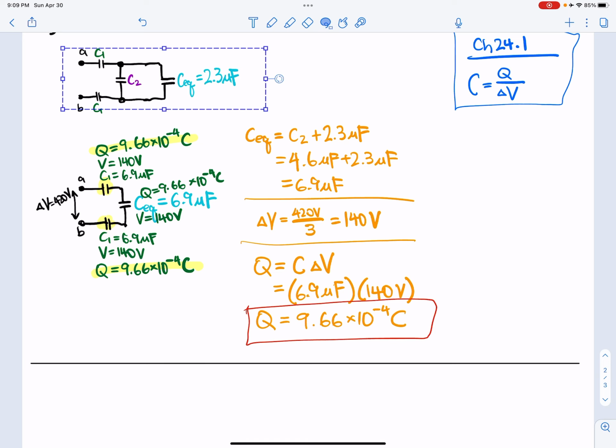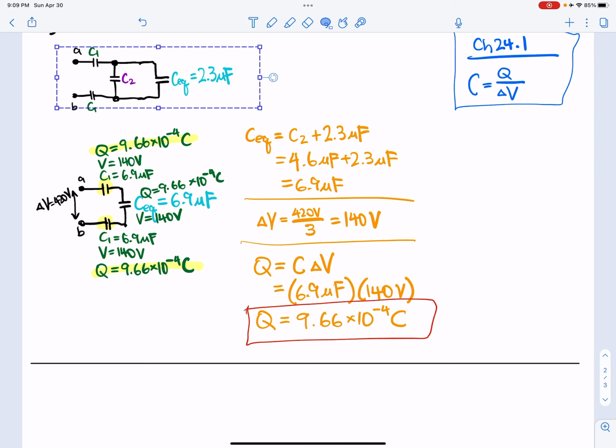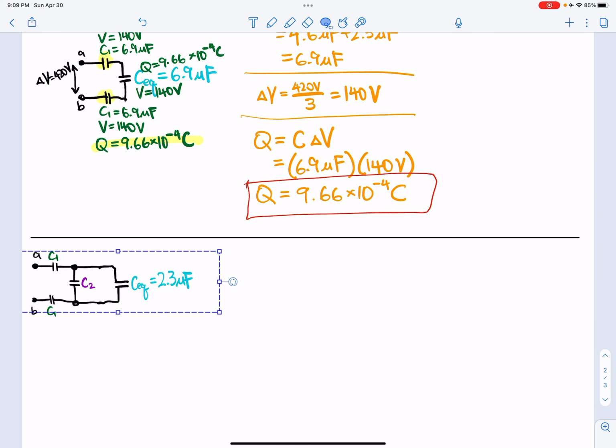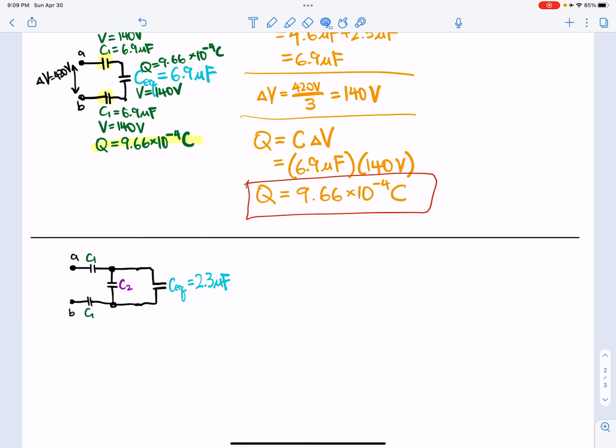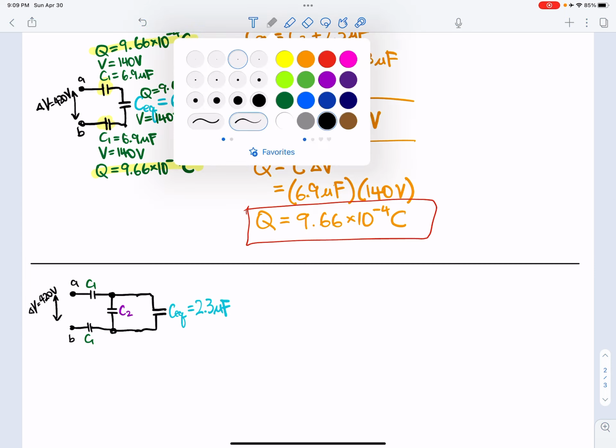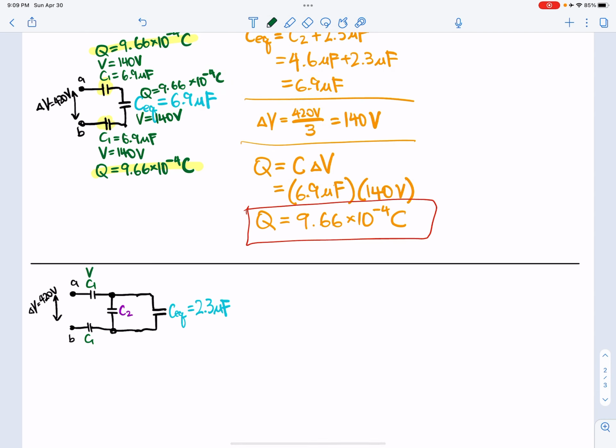Okay, so right here, let's just write down that the voltage here is equal to 420 volts. So I know my C1, my C2, and I know the voltage here equals 140 volts.